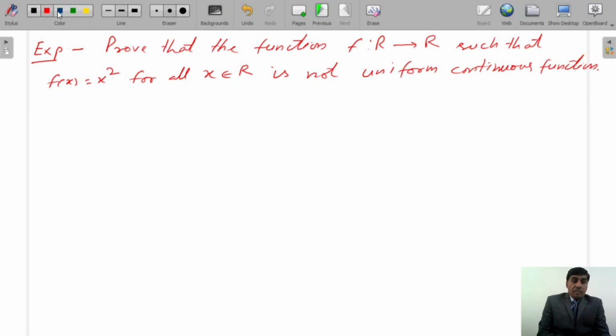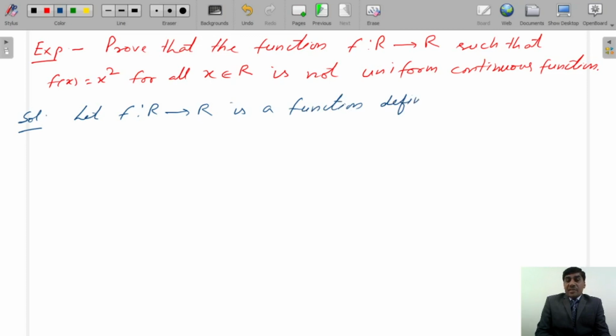Solution: let f from R to R be a function defined as f(x) is equal to x square, where R is a usual metric space.